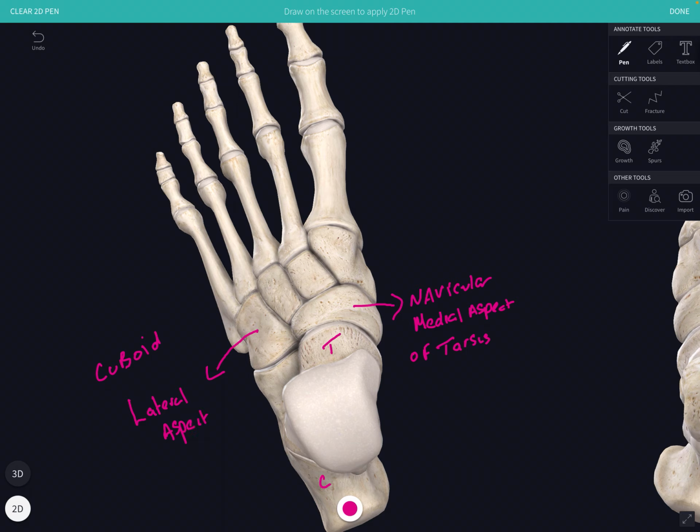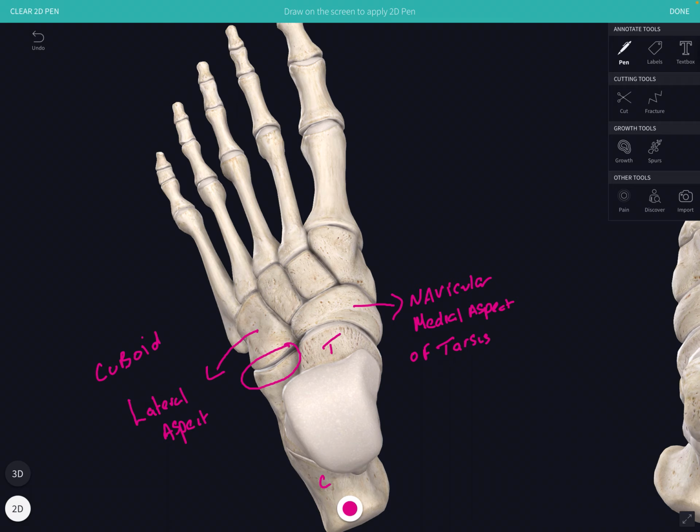So the cuboid lies at the lateral side of the tarsus, in front of the calcaneum and behind the 4th and 5th metatarsal bones. The posterior surface of the cuboid has an articular facet which articulates with the anterior end of the calcaneum. So here.